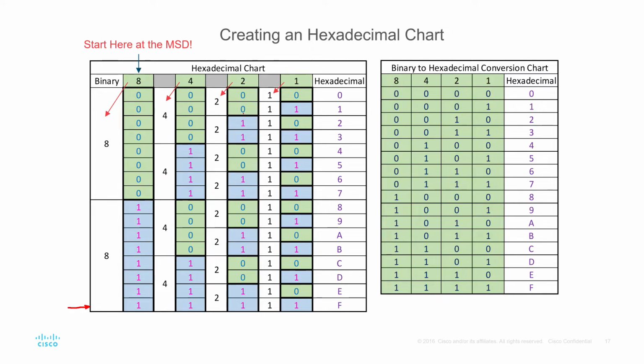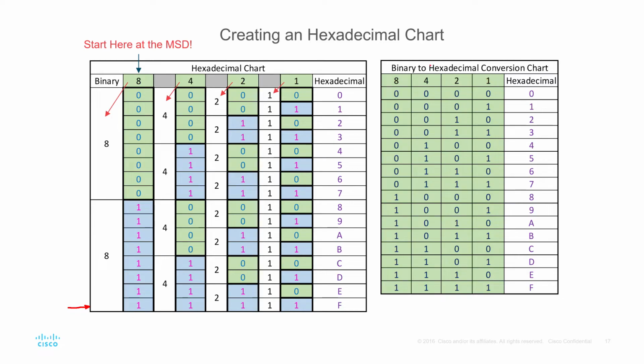Going to the next column, 2, we go with 2 zeros, 2 ones, 2 zeros, 2 ones, 2 zeros, 2 ones, 2 zeros, and 2 ones. And again, we know where to stop by our original column of 8. The final column, the ones, is just a sequence of 0 and 1s until we get to the end.